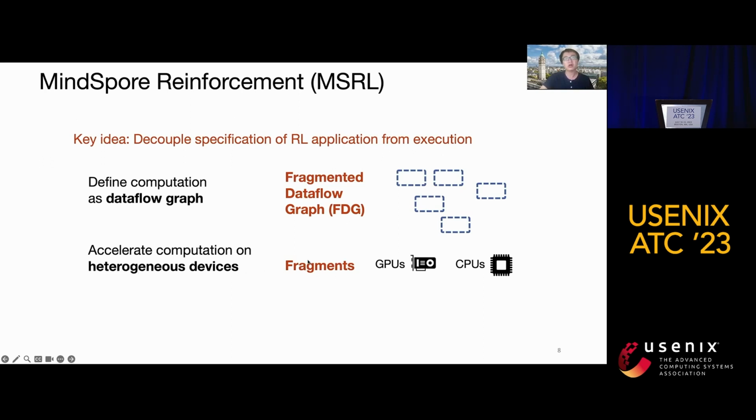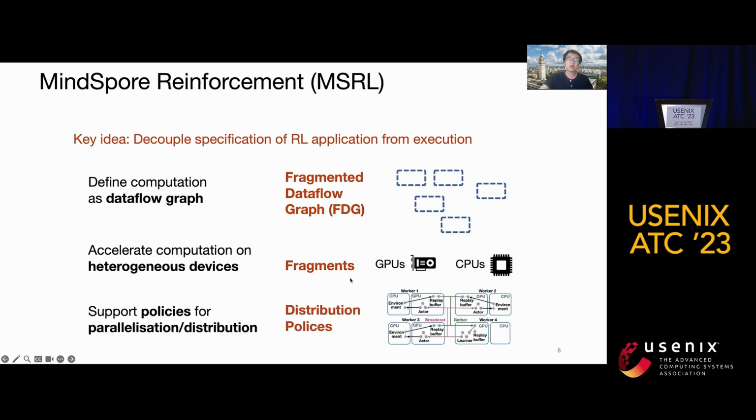That means that each fragment within the fragmented data flow graph can be assigned to a CPU or a GPU. And in the end, MSRL also supports flexible ways to distribute your algorithms. We achieved that by using distribution policies, which can support many different types of parallelization and distribution scenarios.